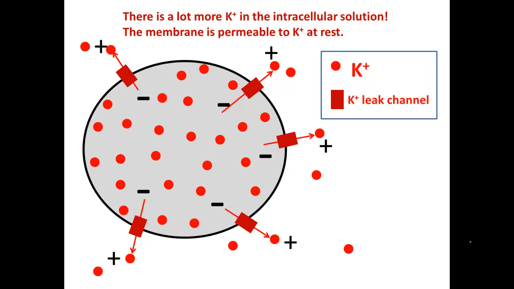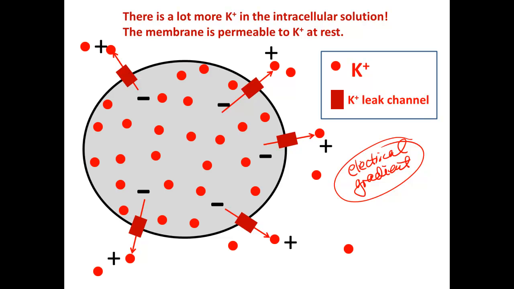Now this establishes what we call an electrical gradient. We had a chemical gradient because of the difference in concentrations of potassium inside and outside. But now that potassium's leaving, we've created an electrical gradient as well across that membrane. And remember that opposite charges attract.